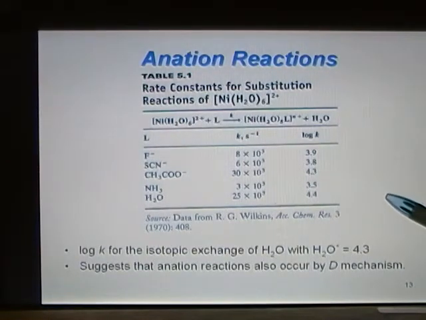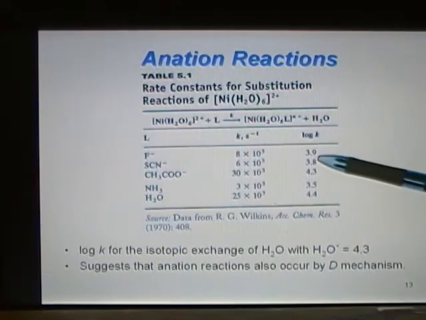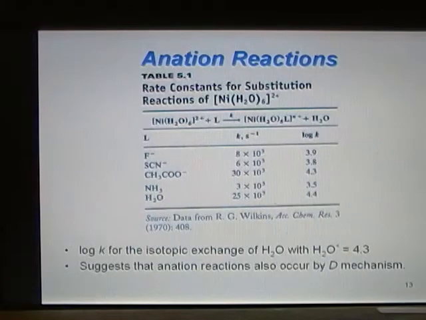When we look at the log of the rate constant, they are all about the same, between 3.8 and 4.3. This suggests that it is the breaking of the water-nickel bond that controls the rate of the reaction, not what type of ligand replaces it.